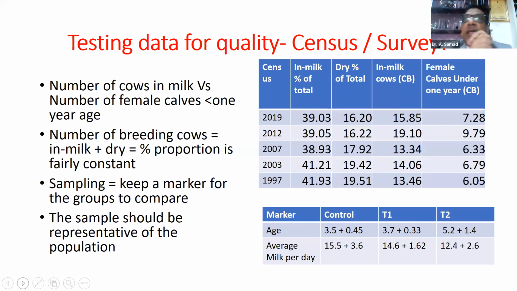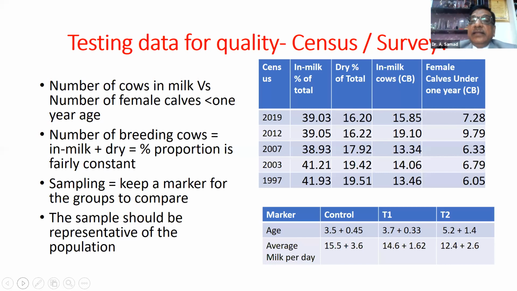So here I'm giving you an example of how I have calculated the credibility of the data for my article. I took data from the 1997 to 2007 censuses, and looked at the percentage of animals in milk, because that data is collected in the census.